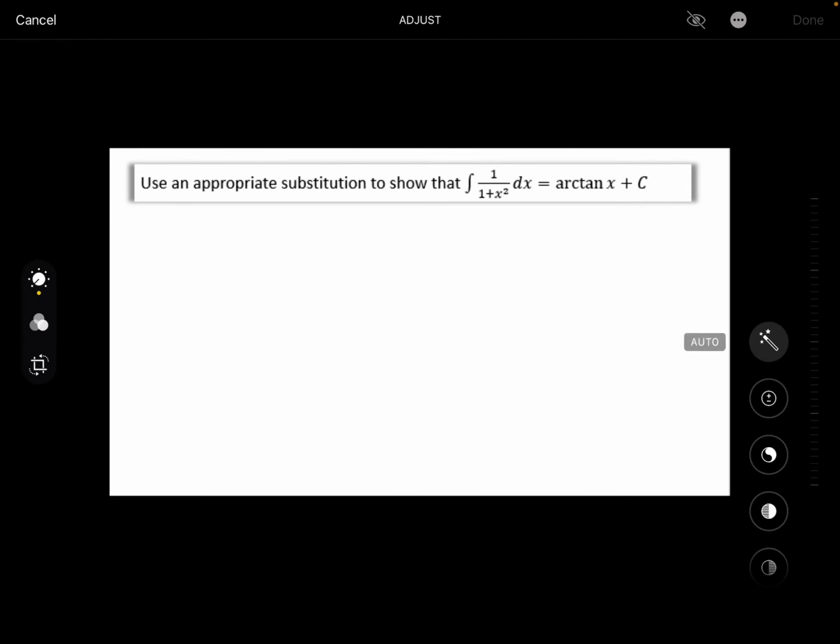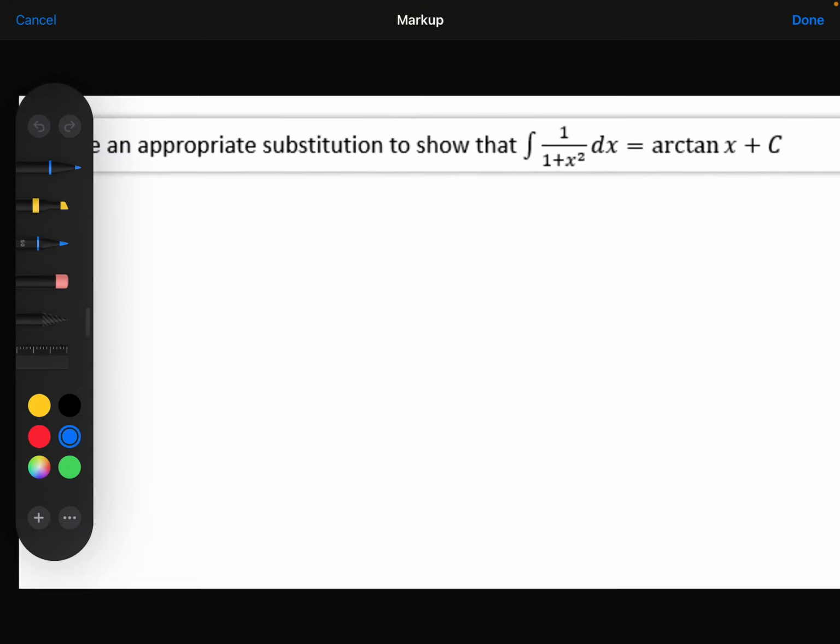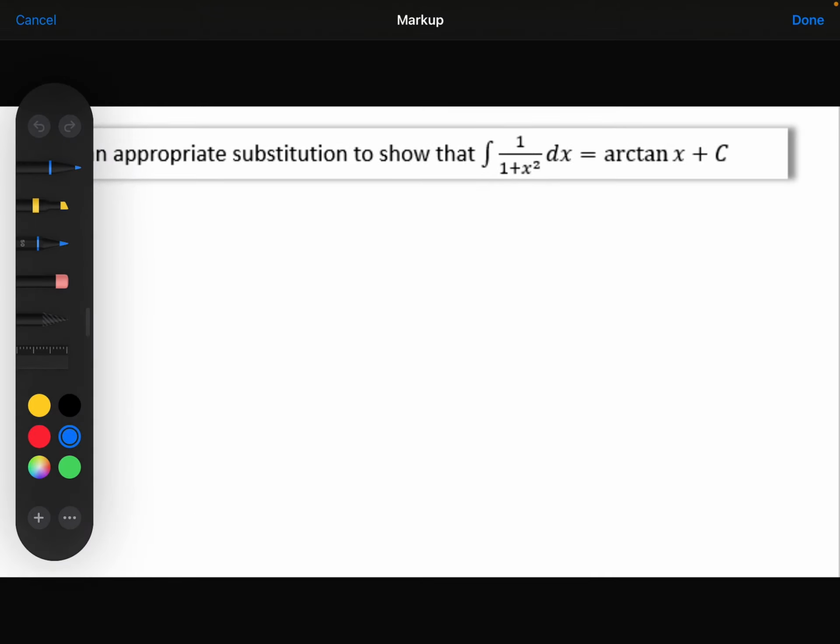Let's prove one of them though. Let's prove the third one. Let's prove that when you integrate 1 over 1 plus x squared, you do get arc tan. Now I'm going to do this with substitution. And the substitution I'm going to use for this is that x equals tan u.